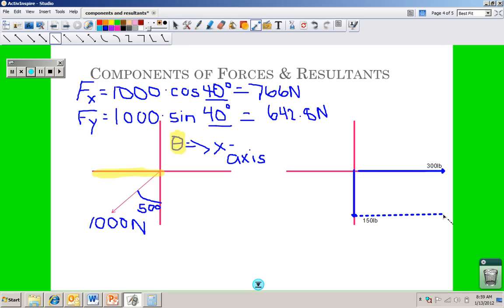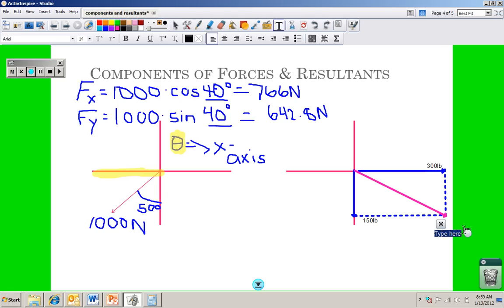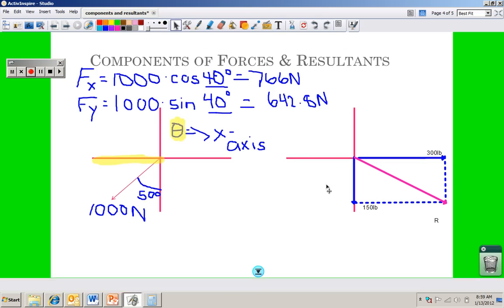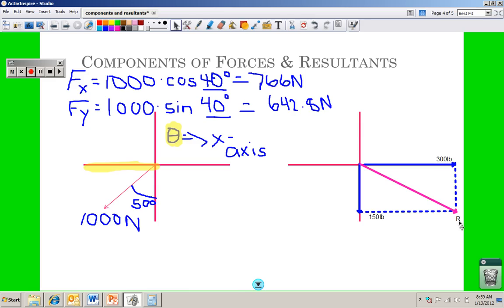Again, so that's back to kind of our little parallelogram method there. And here is our resultant. Okay, so there's our resultant, and now we need to find both the magnitude and the direction of it.